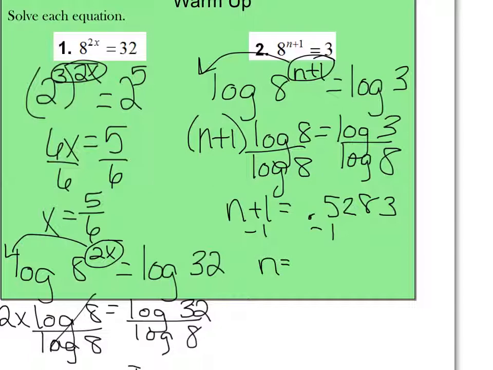So n equals negative 0.4717. It was a 6, but the number behind it is a 7, which tells us to round up. So 7, and it should be a negative. So again, there are two methods to solve these equations. If you don't want to worry about two methods and you just want to go with one method, then you could simply insert logs to each side.